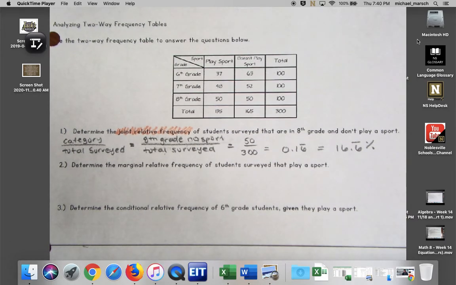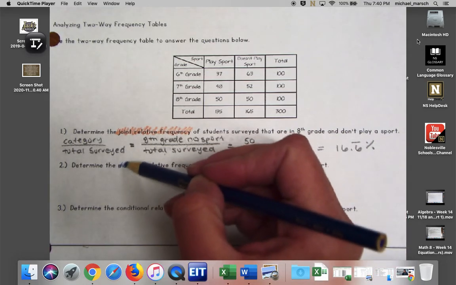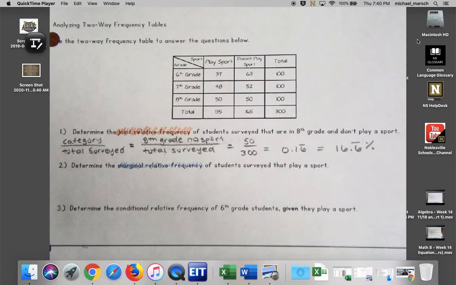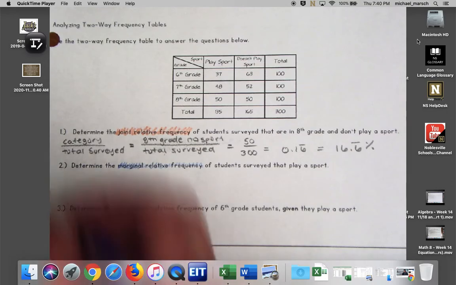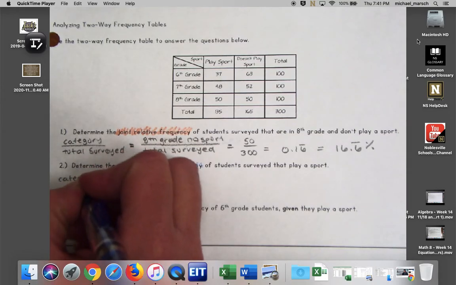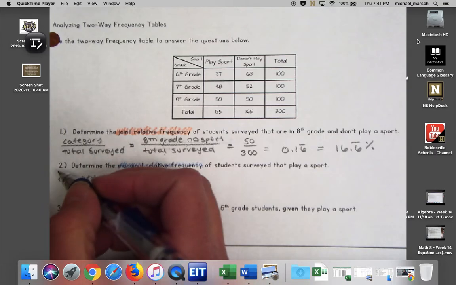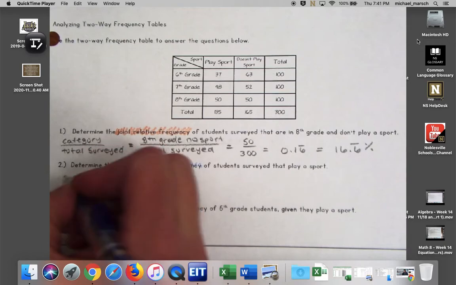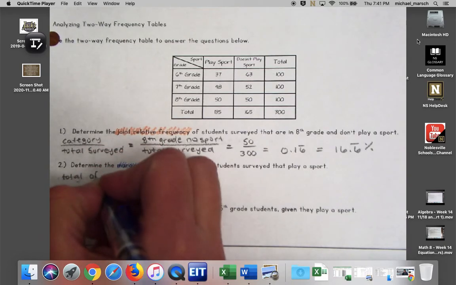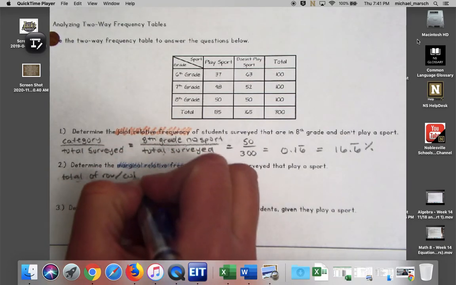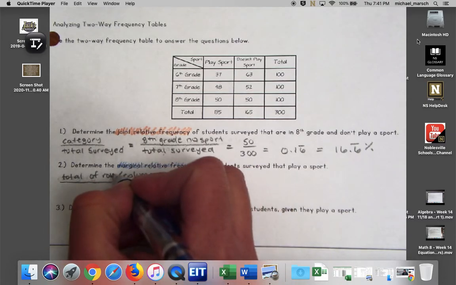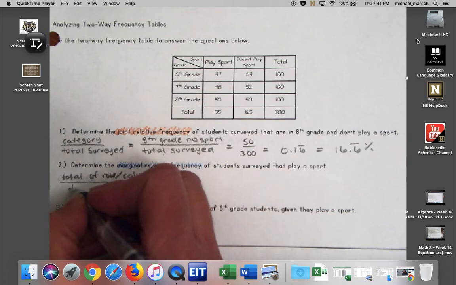Now let's find the marginal relative frequency. Remember, I used blue in my notes for marginal relative frequency of students surveyed that play a sport. So again, we have category, or excuse me, total of row or column over total surveyed.